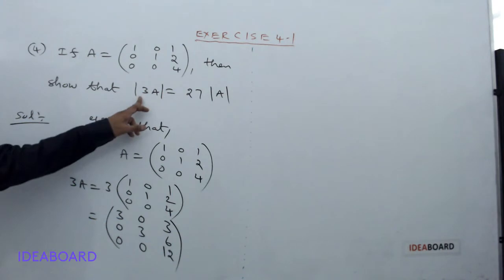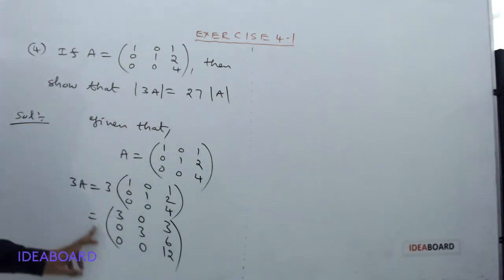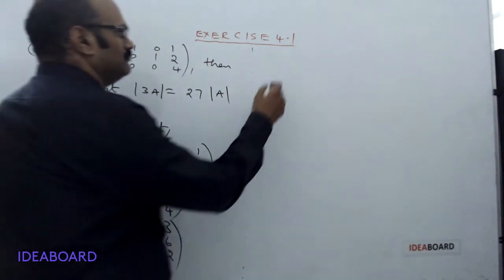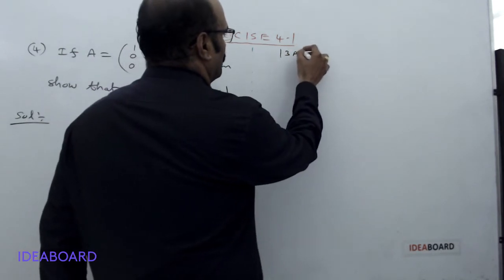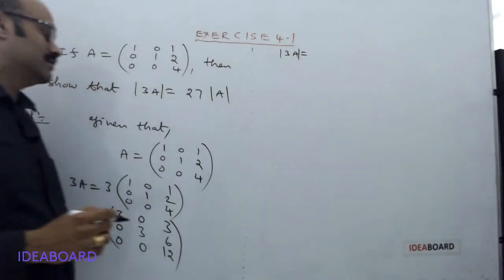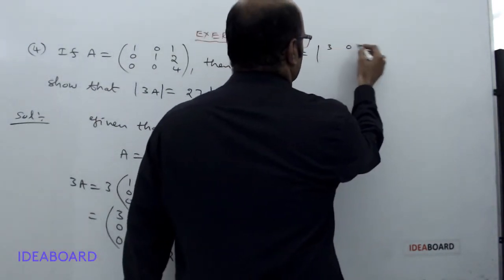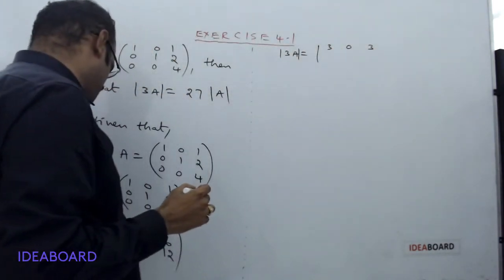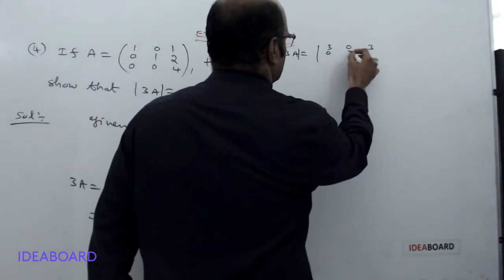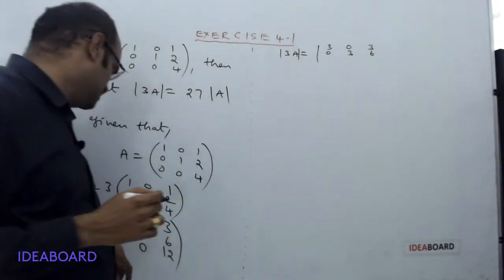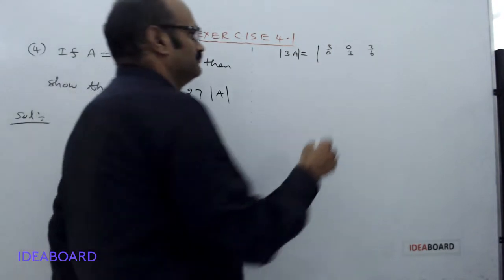Now determinant of 3A is equal to determinant of 3 0 3, 0 3 6, 0 0 12.